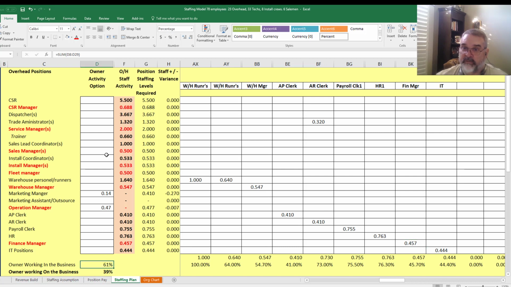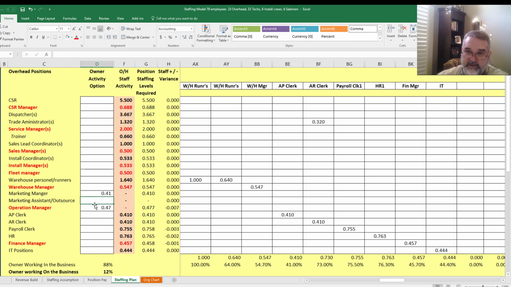Now the owner, because the business now has managers in place, he's 61% and he's back down to 39% working on the business, 61 in it. Primary duties is marketing, 14% of his time, or that should be a 0.41. 0.41, sorry about that. He's 88 and 12% in this business.